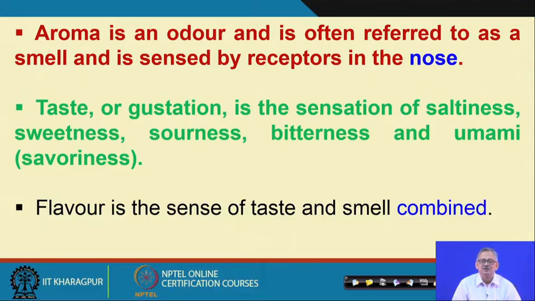But we know that you can definitely differentiate between the aroma coming from a mango and, maybe, coconut oil, which has another aroma. Even from a distance you can differentiate them. So, it is sensed by the receptors in the nose, and that is aroma.